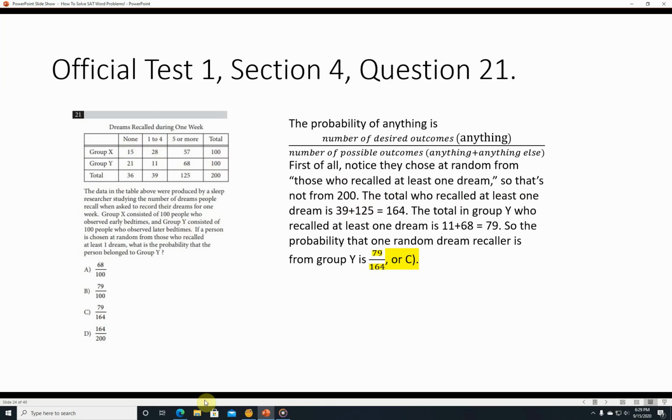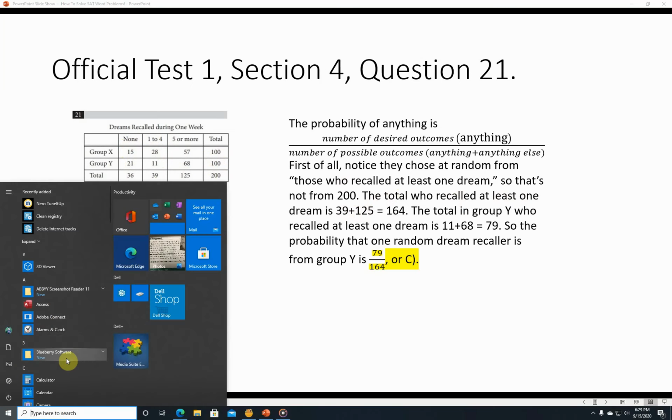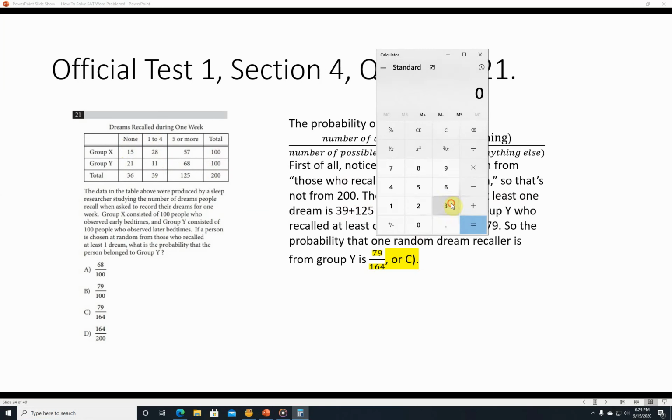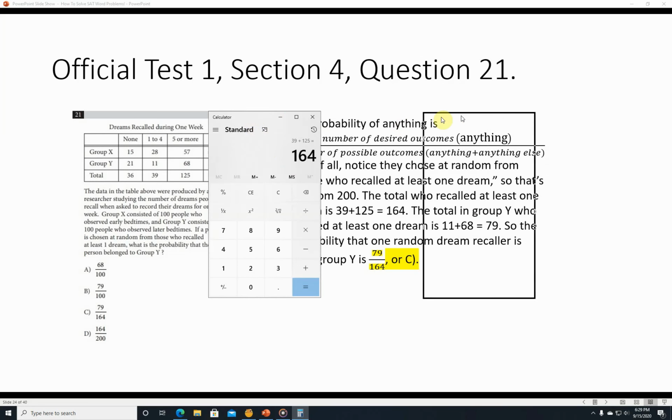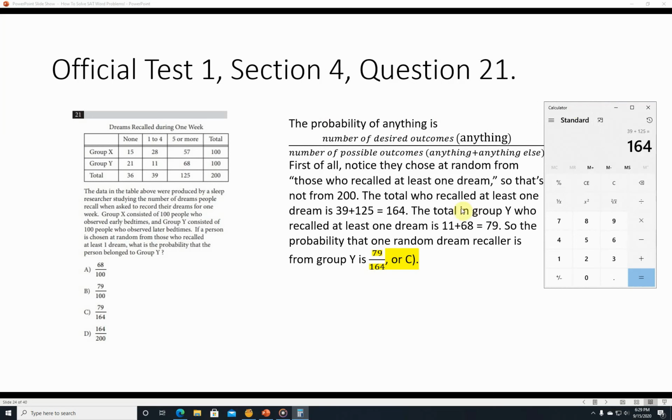So it's 39 here plus 125. Again, make sure you use your calculator. That's 164. And the total in Group Y who recalled at least one dream is 11 plus 68, which is 79, and then we divide that by 164.